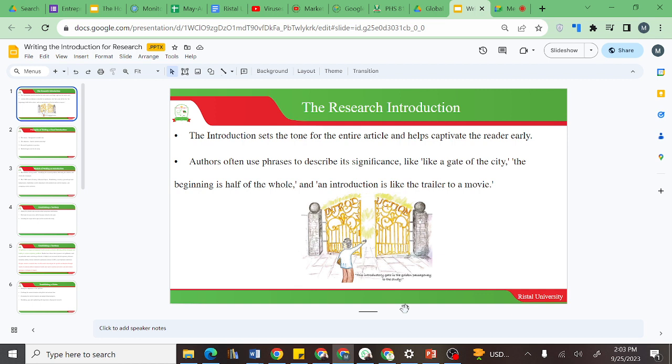And that is why we have that gate as the illustration for writing the introduction chapter. If it is not well written, no one will waste their time to read the entire research article. Okay, so that is the basis.